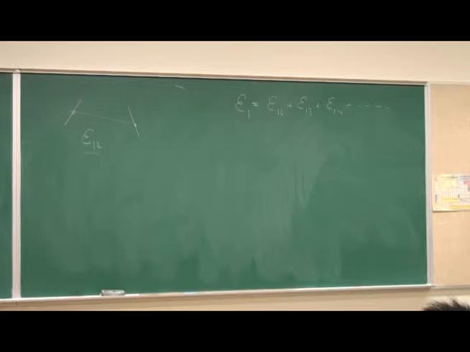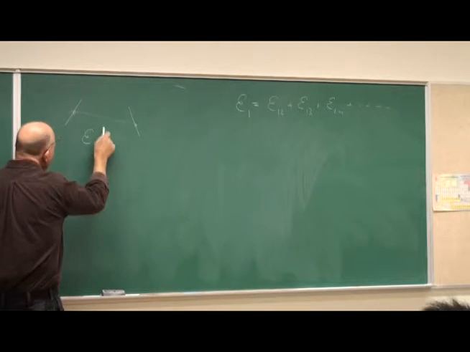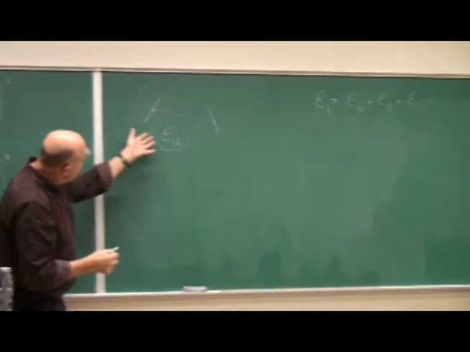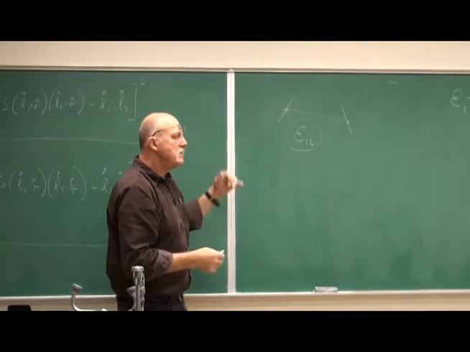I change L1 a little bit and ask how much work I have to do to reorient it, and that gives me the torque. So to get the forces and torques, I take the total pair energy and its derivatives.